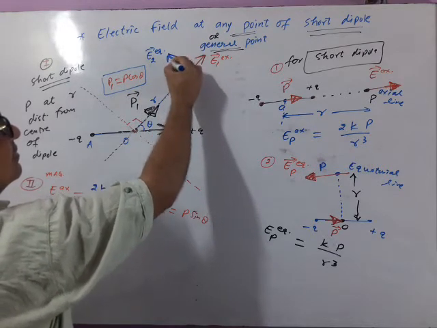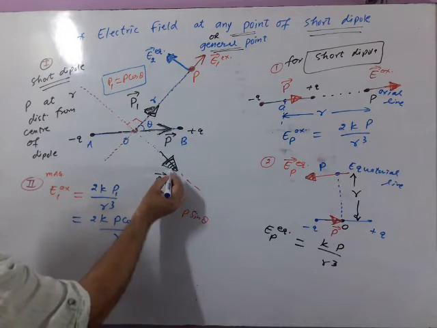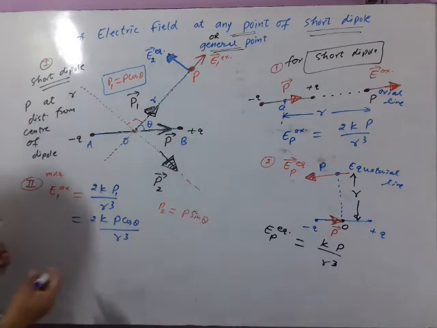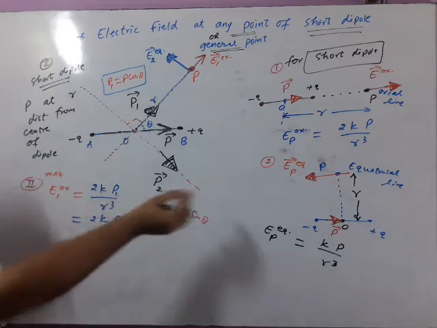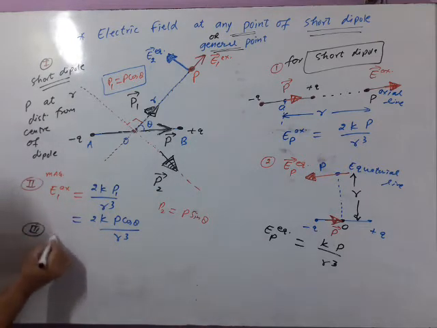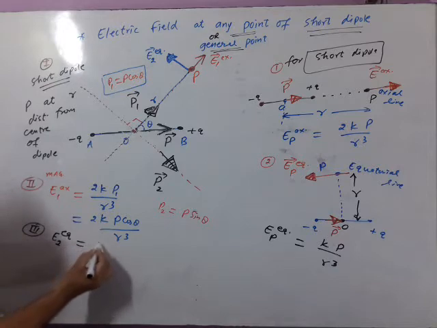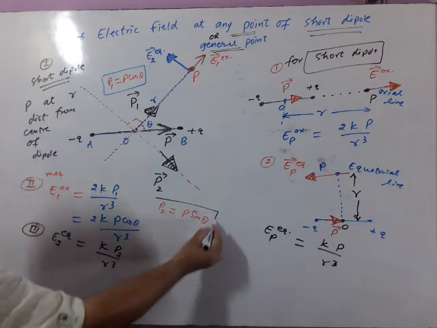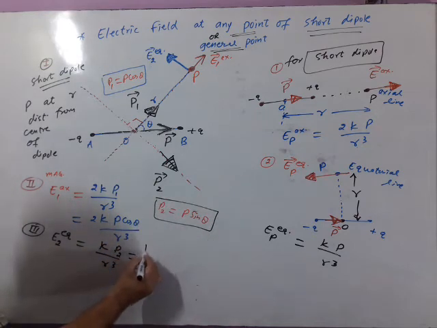See this and this P2 vector. For the first, P1, see this E1. Now how to write the answer from the equatorial point, point number 3. This E2 will be kP by r cubed, and you know this is P2, so you write P2, and P2 is P sin theta.